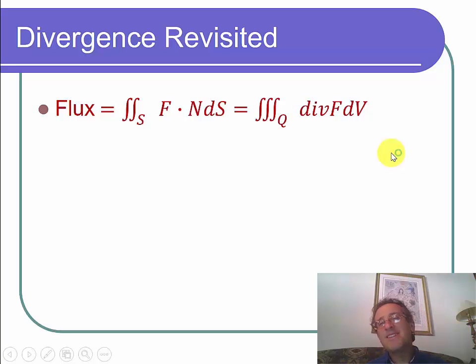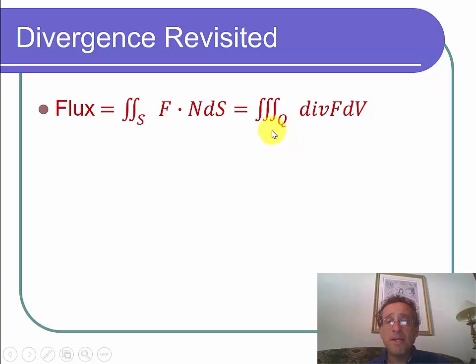So now comes a little thought. If we want to find out what the divergence is at a point, we can approximate that by saying, what about if we take a little tiny ball around that point? And if you do that, then the vector field will be approximately constant, which means the divergence of f will be approximately constant.